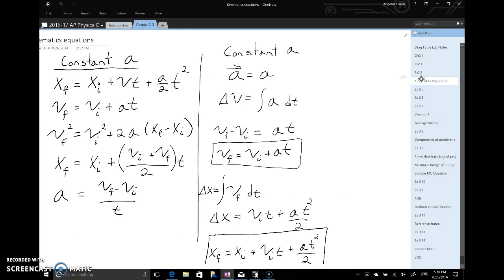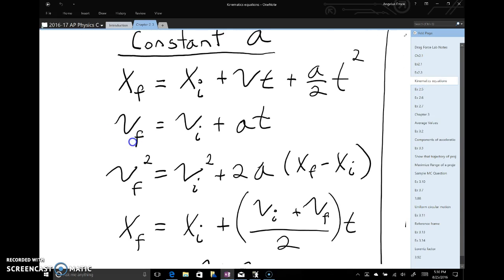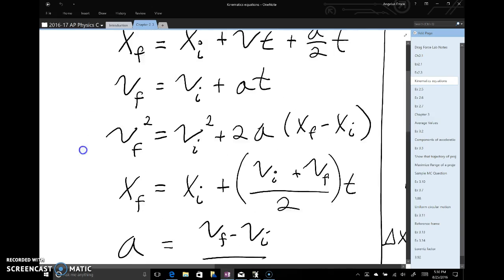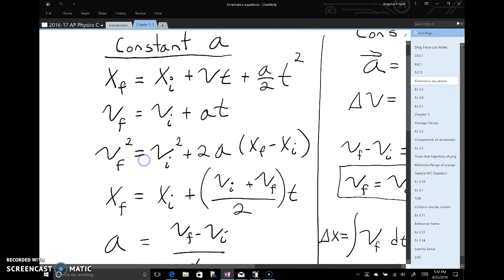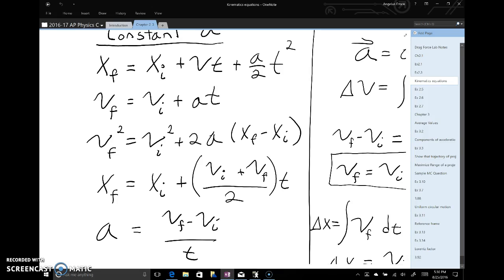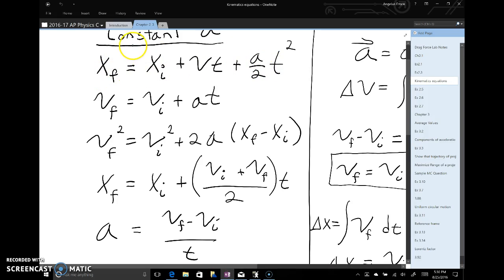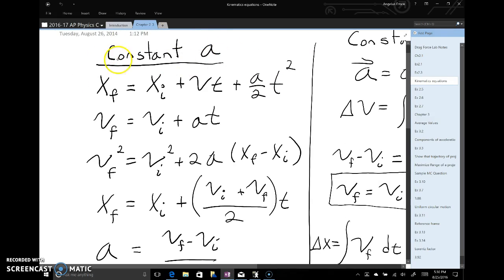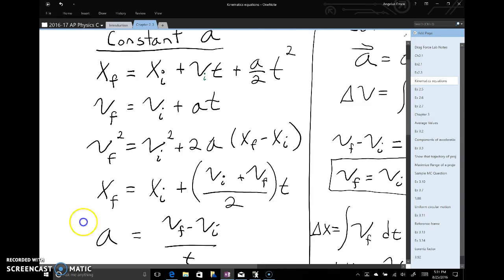Okay, so let's talk a little bit about the kinematics equations. So with constant acceleration, you guys should remember these from AP Physics 1. If we have a constant acceleration, then this expression can tell us our final position based on initial velocity and acceleration, final velocity, and so on.